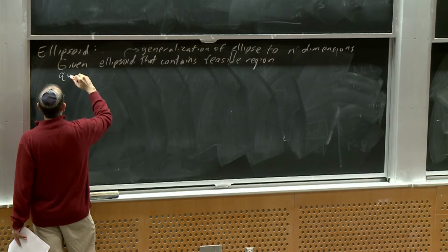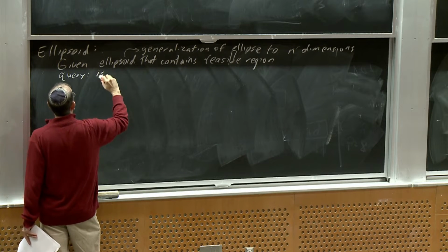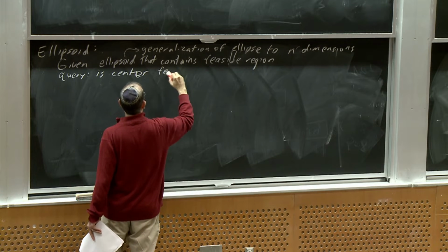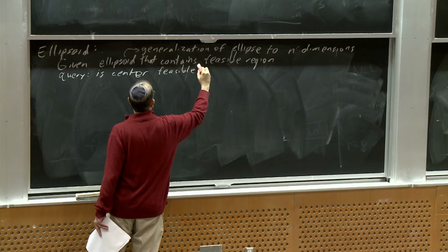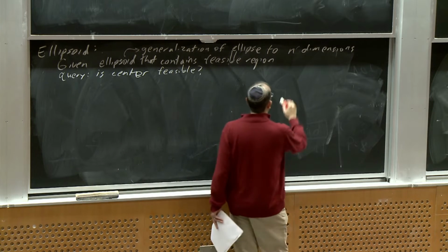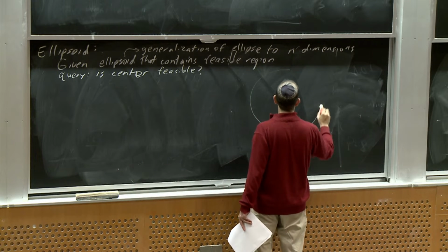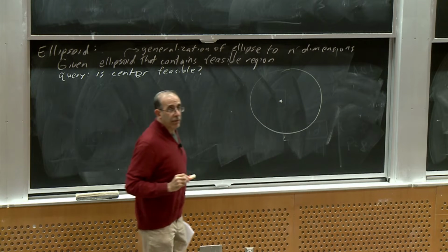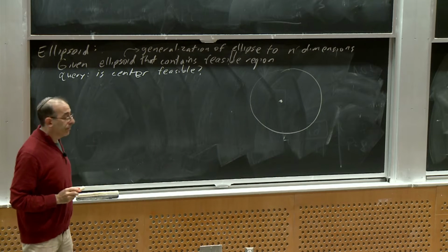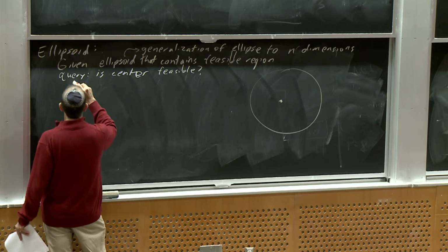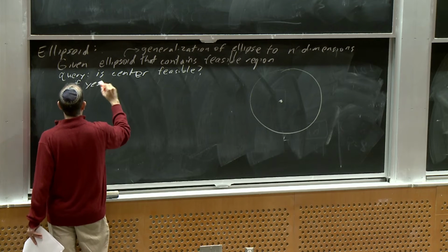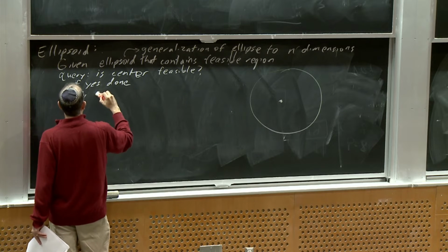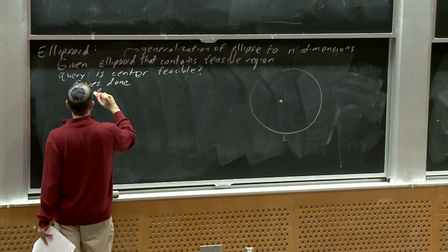You query: is the center of this ellipsoid feasible? Okay, so here is my ellipsoid. I query if the center of the ellipsoid is feasible. Okay. If yes, you're done. Otherwise, we're going to find a smaller ellipsoid.